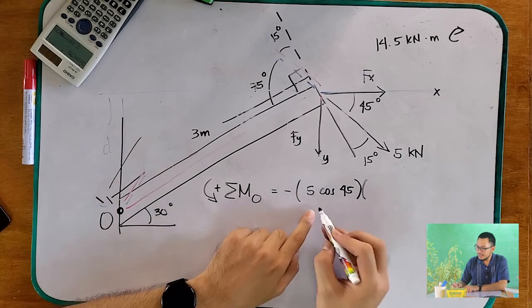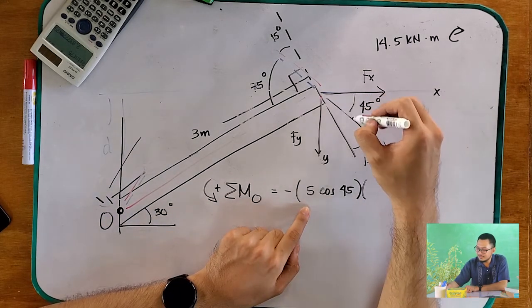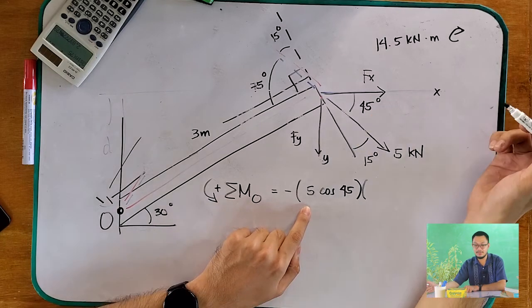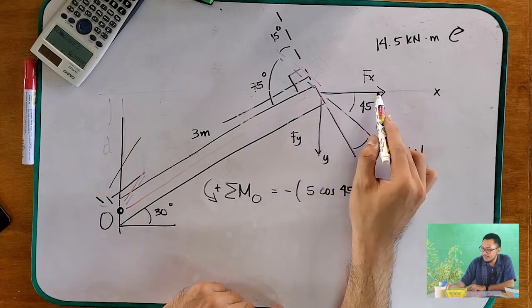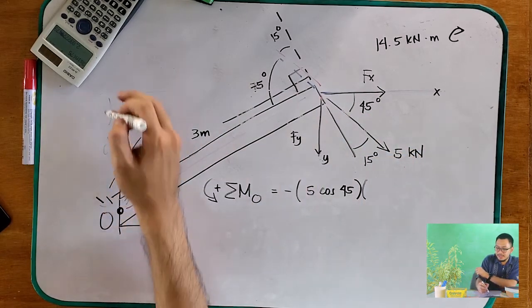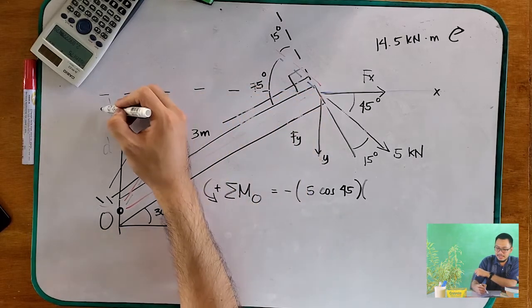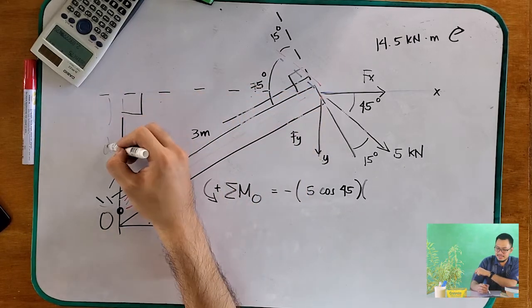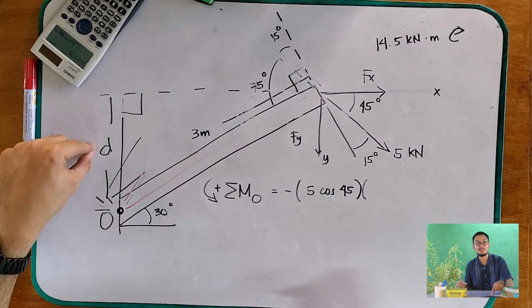Diba? Sakto? Then, the moment arm, which is, diba, you have solved for the component of your Fx, and that is adjacent over hypotenuse. This 5 cosine of 45. And now the direction of your x is going that way, and this is your guideline. This is the direction of your force F, and the perpendicular distance is this one. So now you have to determine this one.